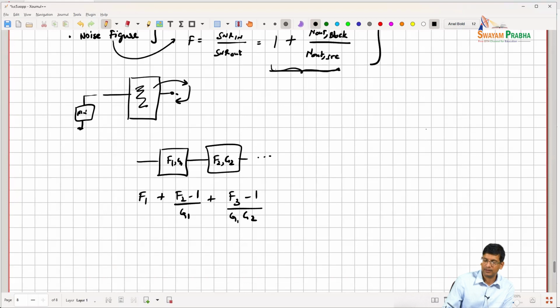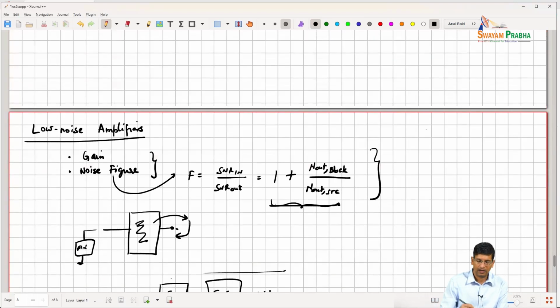And this implies that the first block should have low noise factor and should have high gain to protect the noise of subsequent blocks. So that basically gives us the gain and noise factor spec.